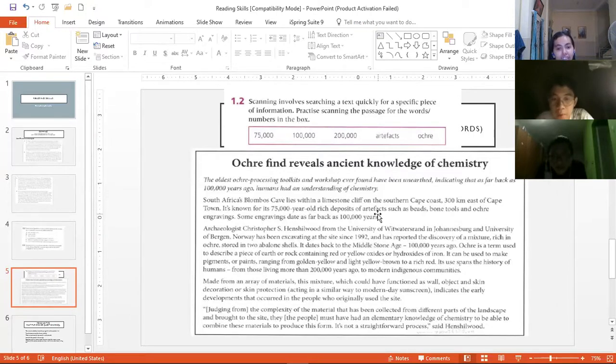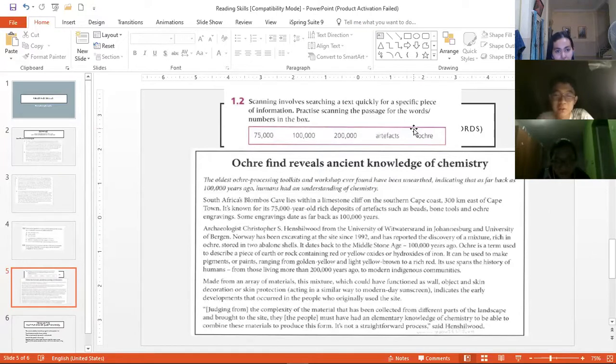So one said second, the same thing. I think we can count the first one as well. Sorry, that is the second. It's fine because this is just the subtitle. So artifacts here refers to beads, bone tools, and ochre engravings, okay?